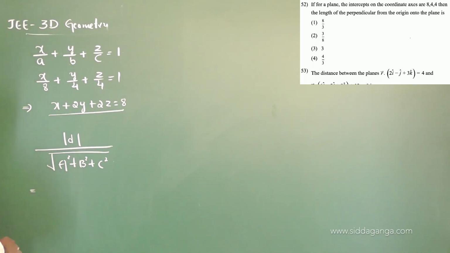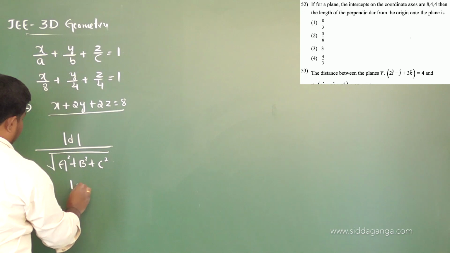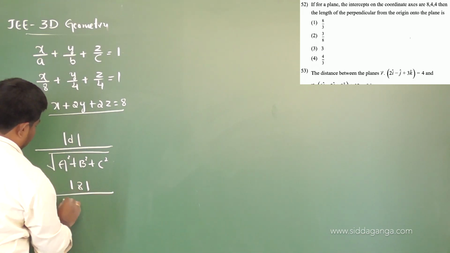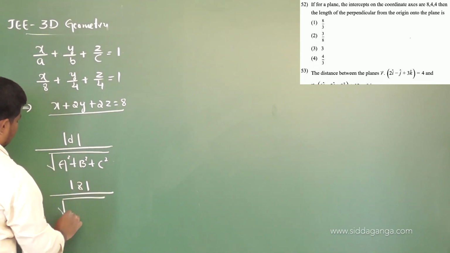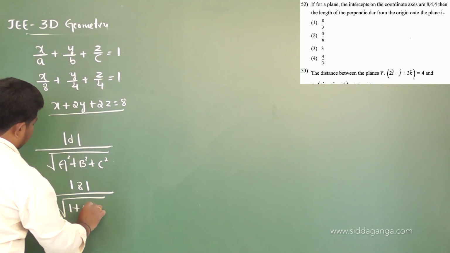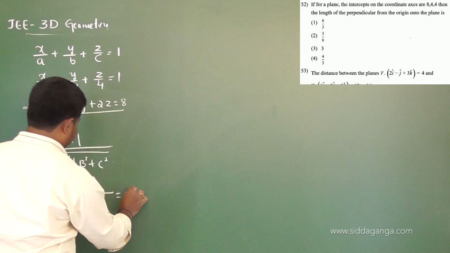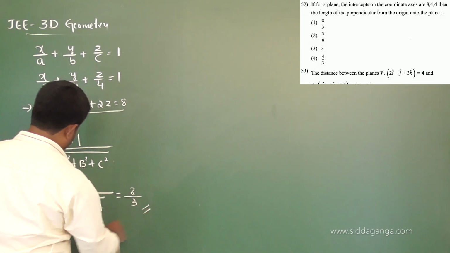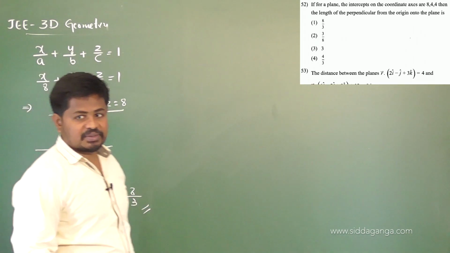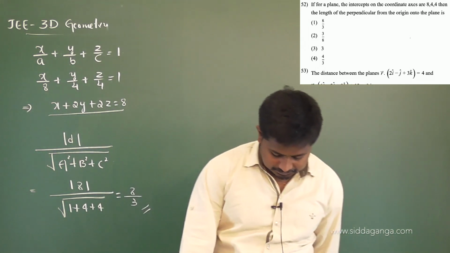So here d is what? Actually 8. So 8 divided by root of 1 plus 4 plus 4. So you get 8 divided by 3, this is your required distance, that is 8 by 3. I mean option first.